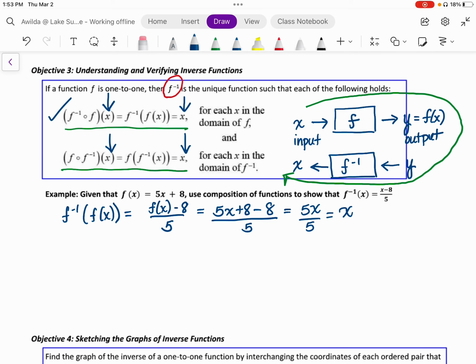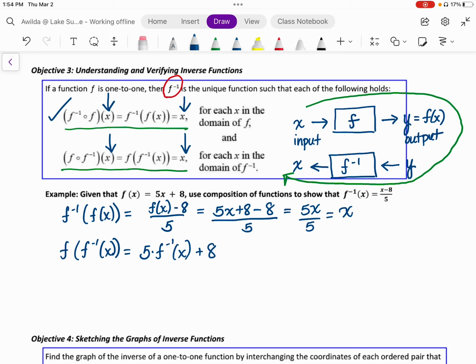Next, let's compose f with its inverse. The function f multiplies 5 times the input and then adds 8.